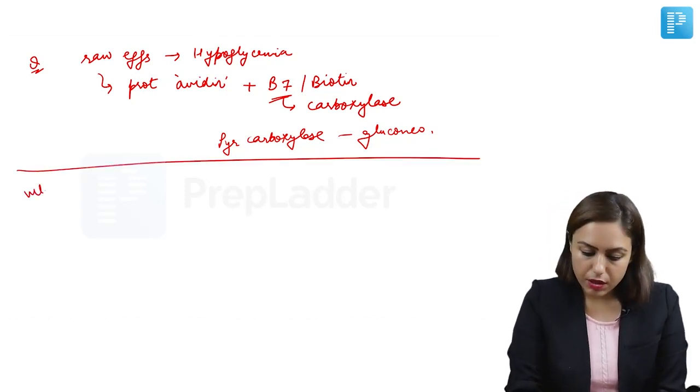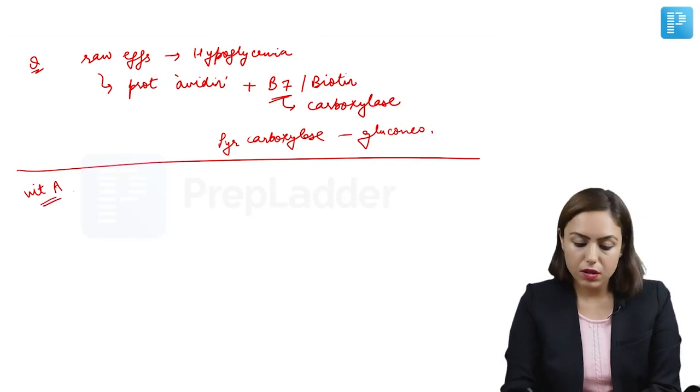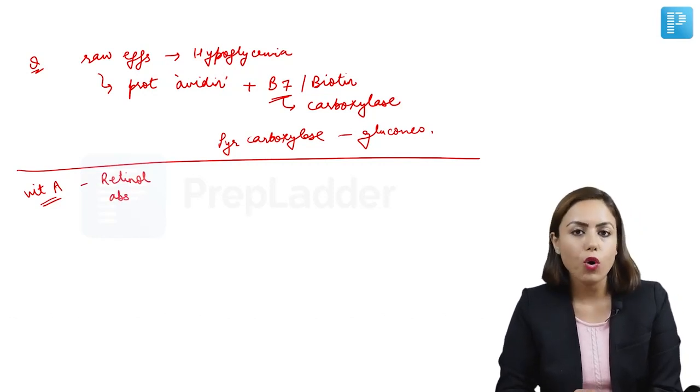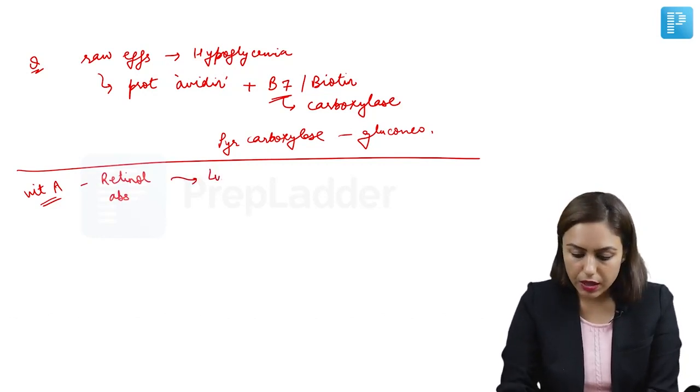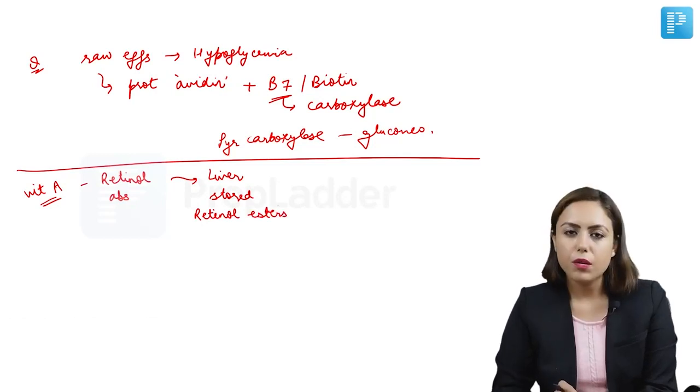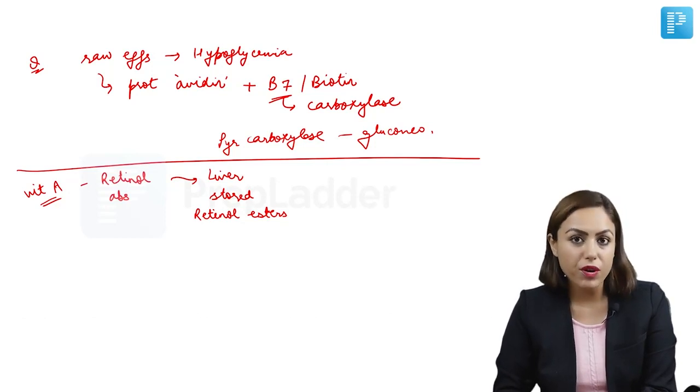Then something about vitamin A, the active form is retinol. So it is absorbed from the intestine in the form of retinol. Then it reaches the liver, it is stored in the liver in the form of retinol esters, and approximately 1 year supply of vitamin A is usually stored in the liver.